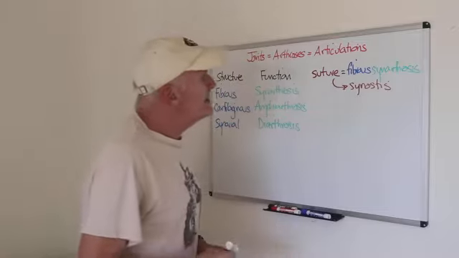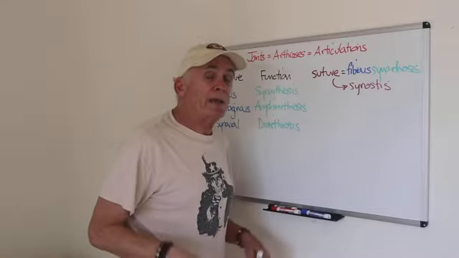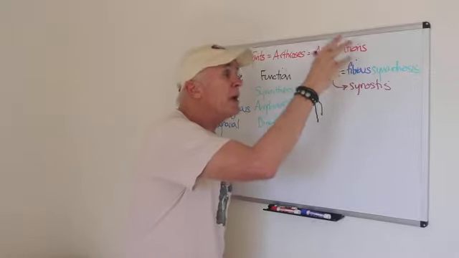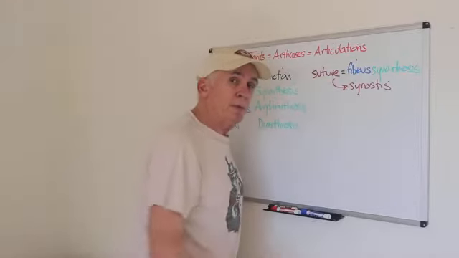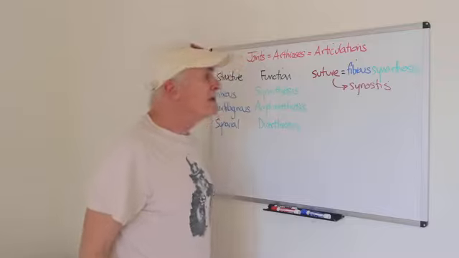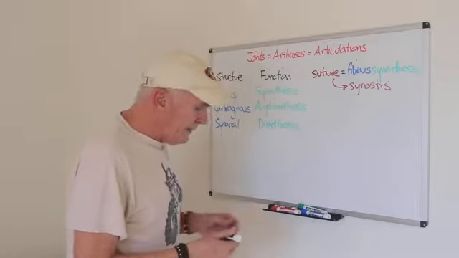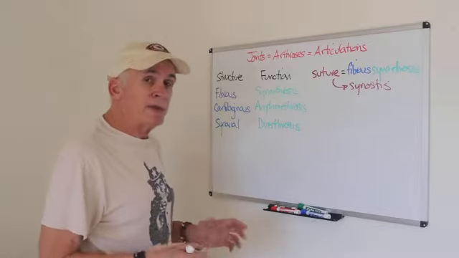So a synostosis is a suture that has ossified, it's turned to bone. The fibrous connective tissue is now actually bone tissue. All right? See how easy these are? So that's our first example. A suture is a fibrous synarthrosis.